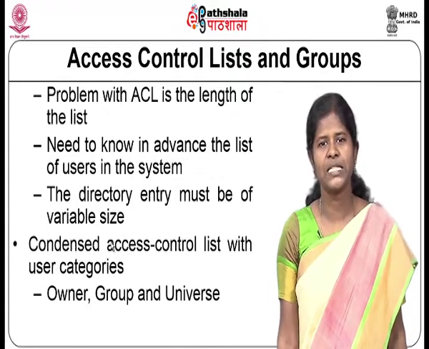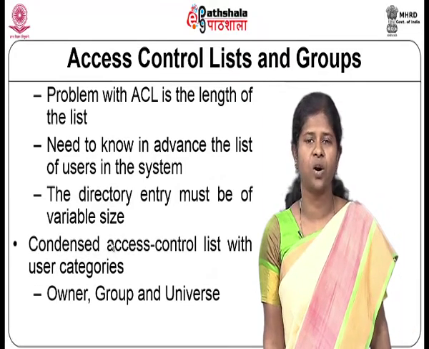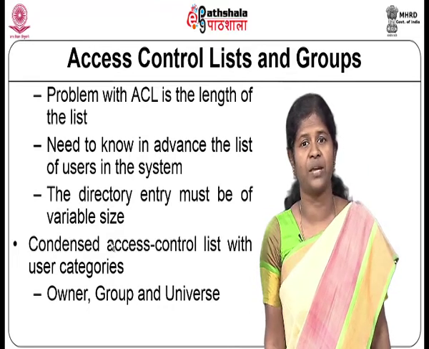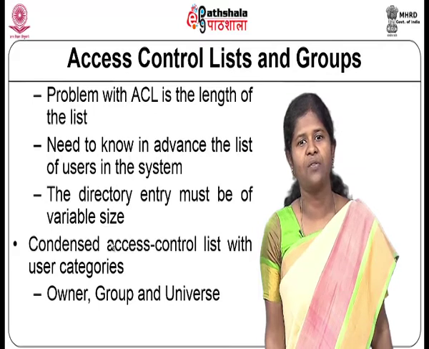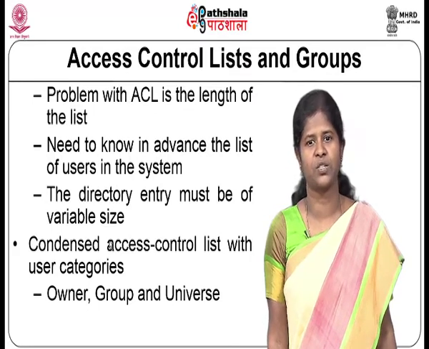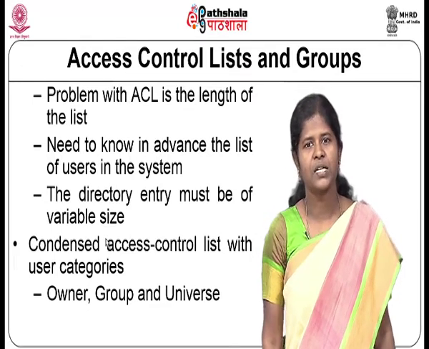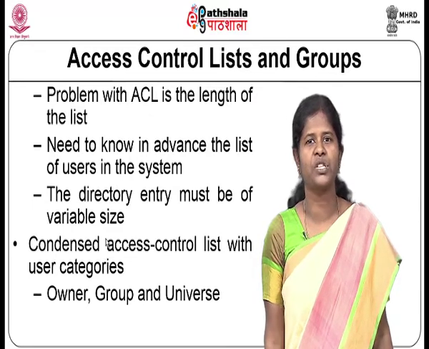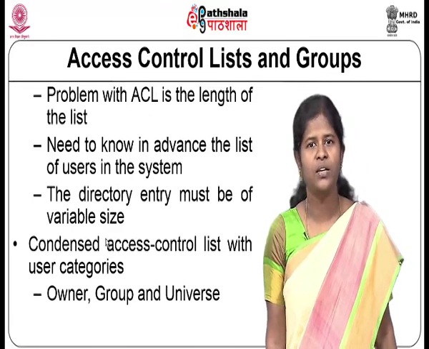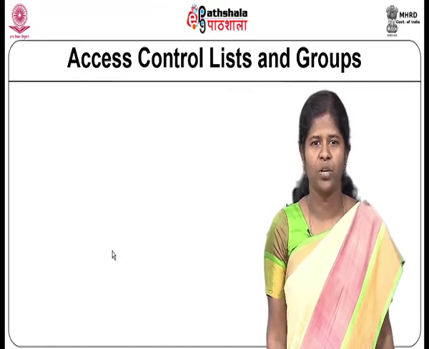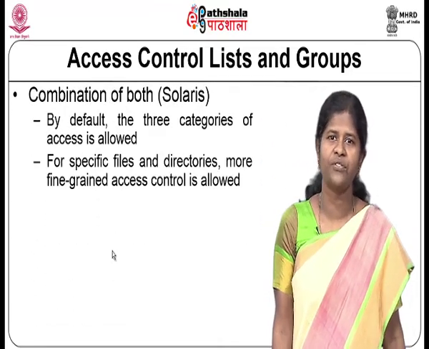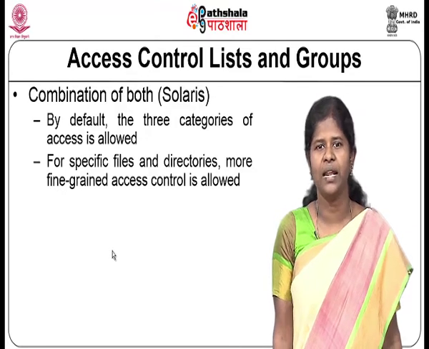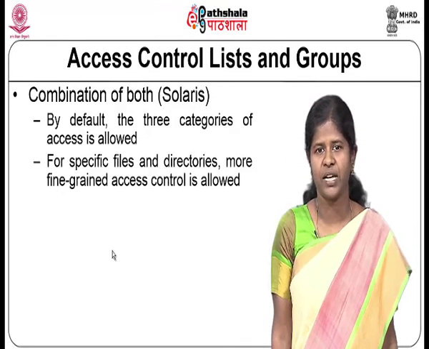So, what is done is that rather than keeping the names of all the users in the access control list, they try to have something called a condensed access control list. In this they divide the category of users into 3 categories: the owner, the group, and the universe. In some operating systems, they try to have a combination of this condensed ACL as well as a full-fledged large ACL.